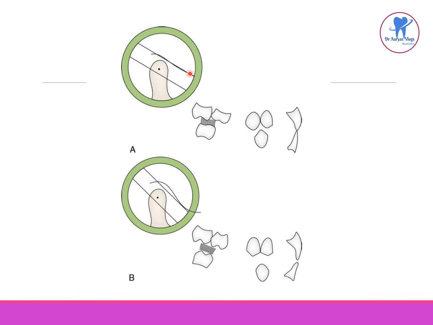This picture shows the shallow condylar cadence, which causes lesser posterior tooth separation on protrusion. And this is the steep condylar cadence, which causes greater tooth separation on protrusion.